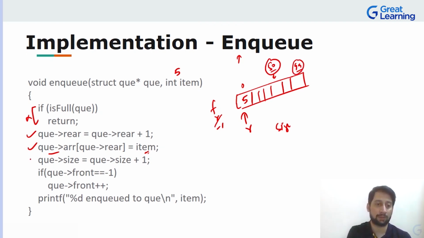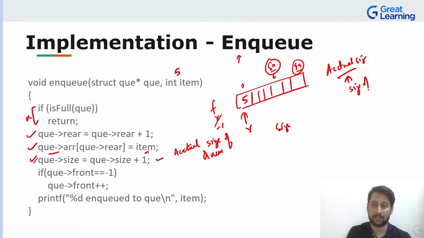So this helps us keep track of that. This size is the actual size of the queue, and the other size, the one we pass in, is the size of the array. These two are different things.